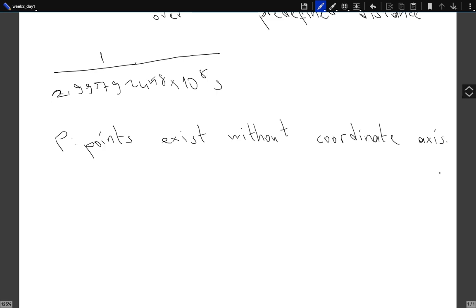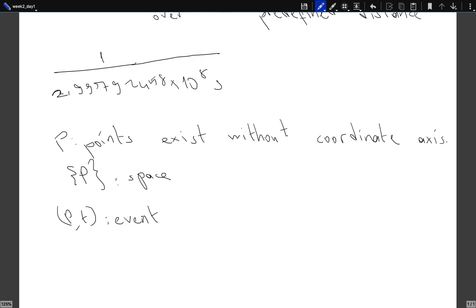And similarly, in special relativity, the collection of points makes our space. Now, in special relativity, what we have is points and time. This is what we call an event. An event is a position and a time. Something happens at a point at a given time.